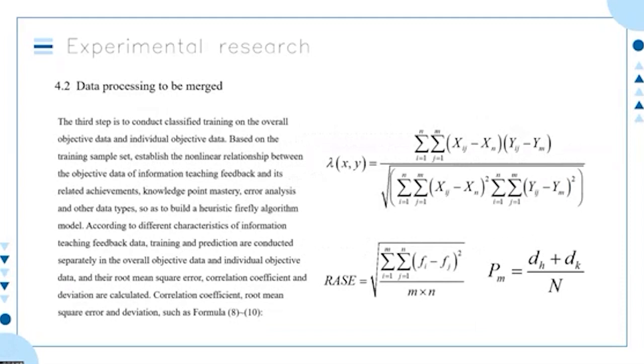And the third step is to conduct classify training on the overall object data and individual object data based on the training sample, and express the relationship between the object data information teaching feedback and related treatment, knowledge point mastery, error analysis, and other data types, so as to build a heuristic Firefly algorithms.